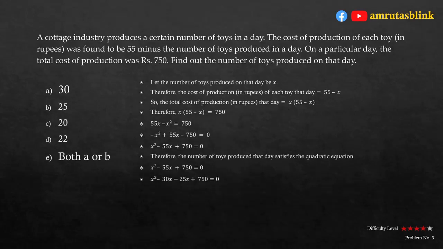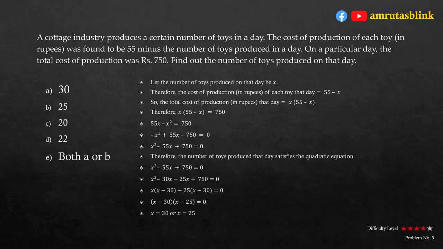Hence we will split this 55X into 30x and 25x. So x square minus 30x minus 25x plus 750 is equal to 0. So x into bracket x minus 30, minus 25 common, bracket x minus 30 is equal to 0. Then we will take x minus 30 common. So x minus 30 into x minus 25 is equal to 0.